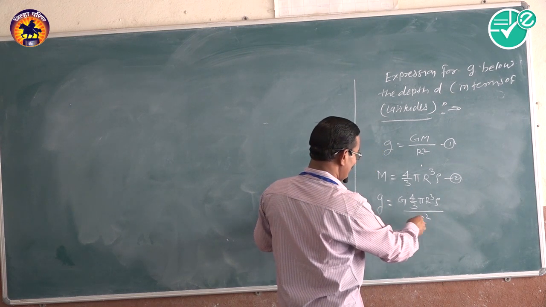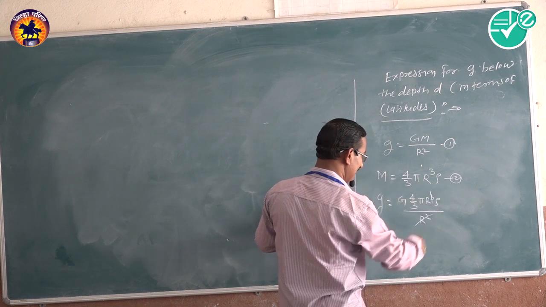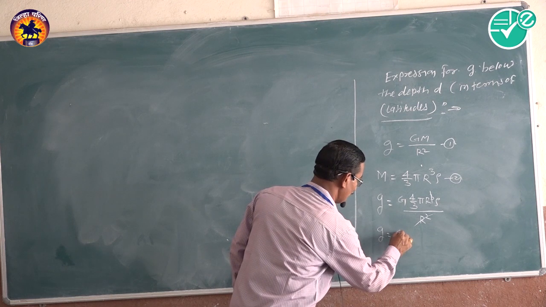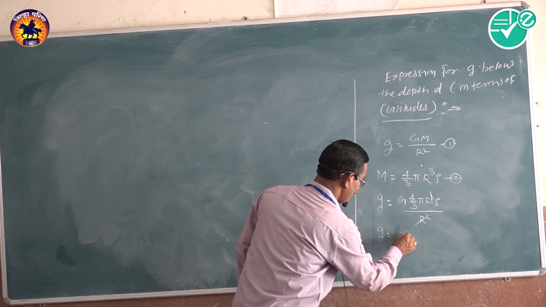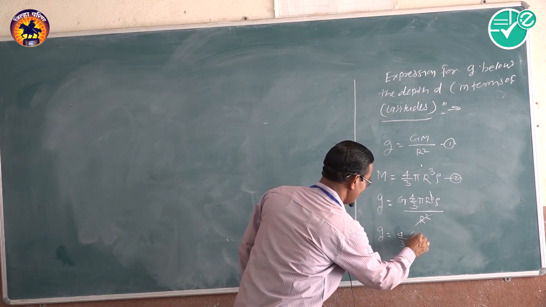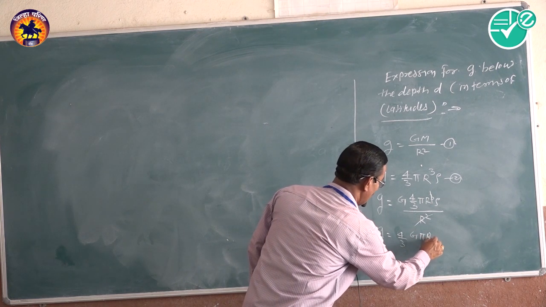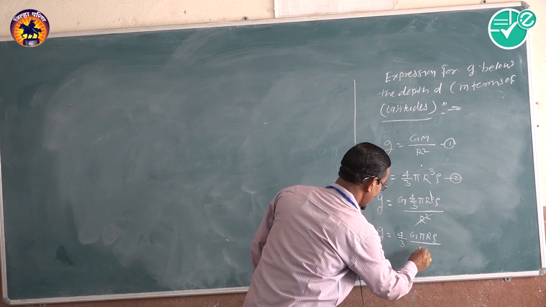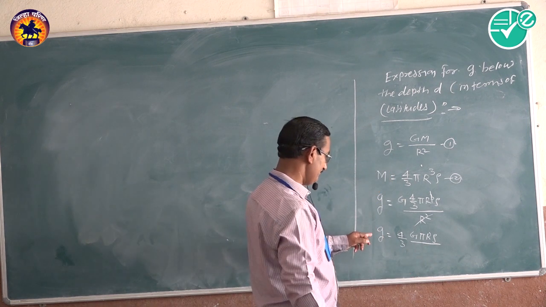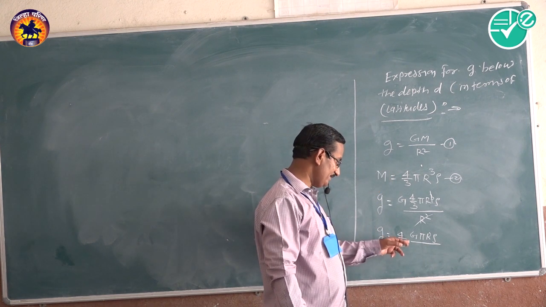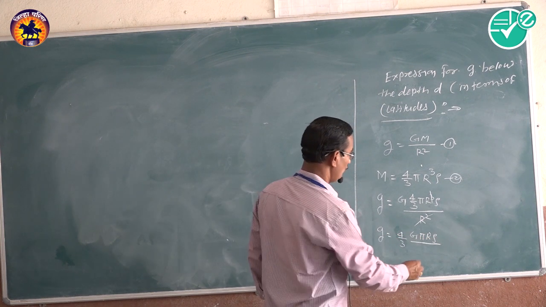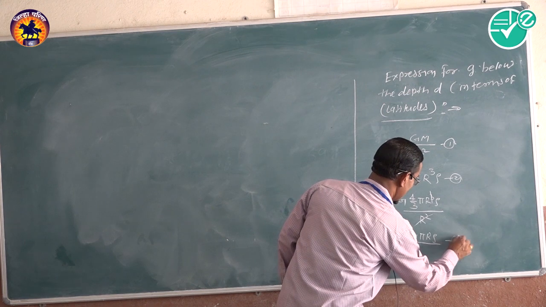Here R square and R square get cancelled, and g is equal to 4 by 3 G pi R rho. That is equation 3.